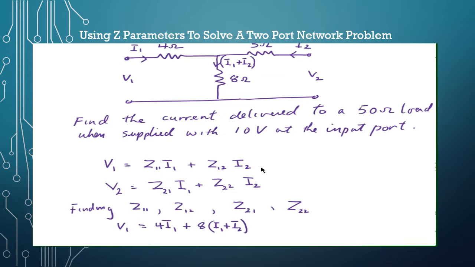So we get that V1 is equal to 4 I1 plus 8 I1 plus 8 I2.